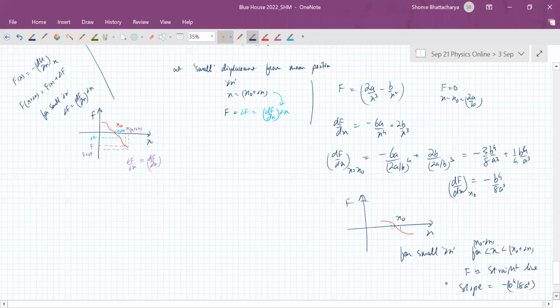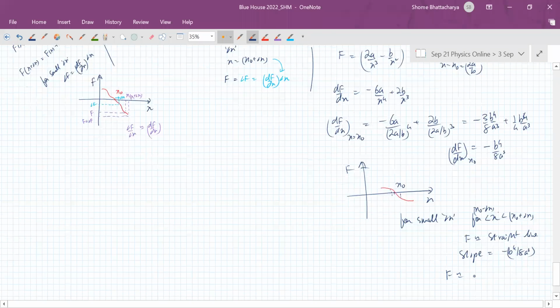So f is sort of like this. It is minus of b to the power 4 by 8 a cube times delta x. So this is your effective force constant.